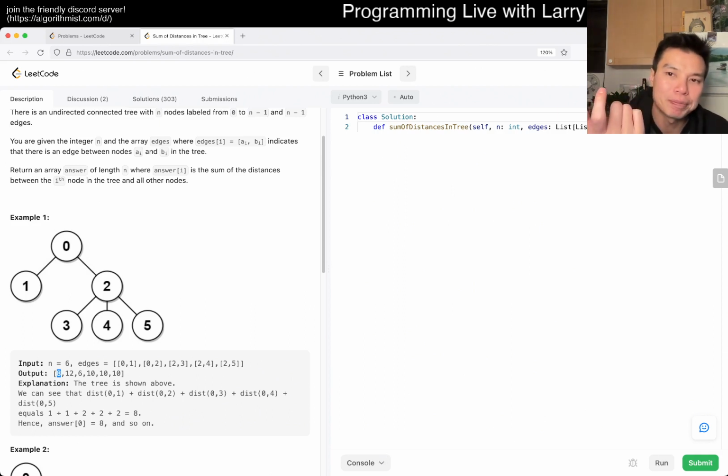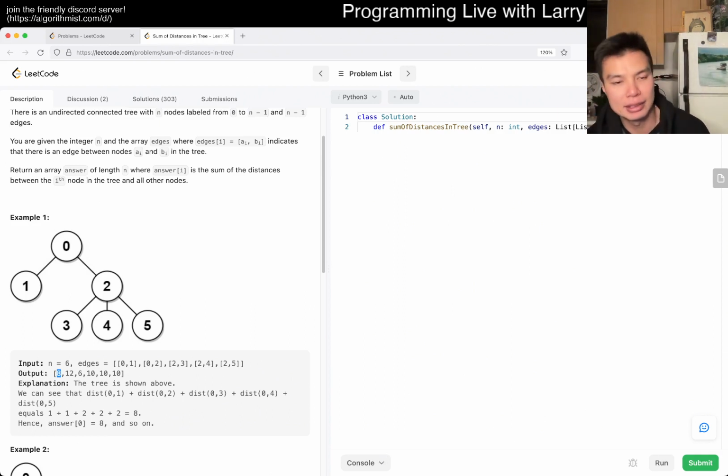Okay, so now let's say we calculate and we got 8, right? How do we get the answer for the other parts, right? Well, and once again, I want to do this in a smart way so that we don't run into that star problem.